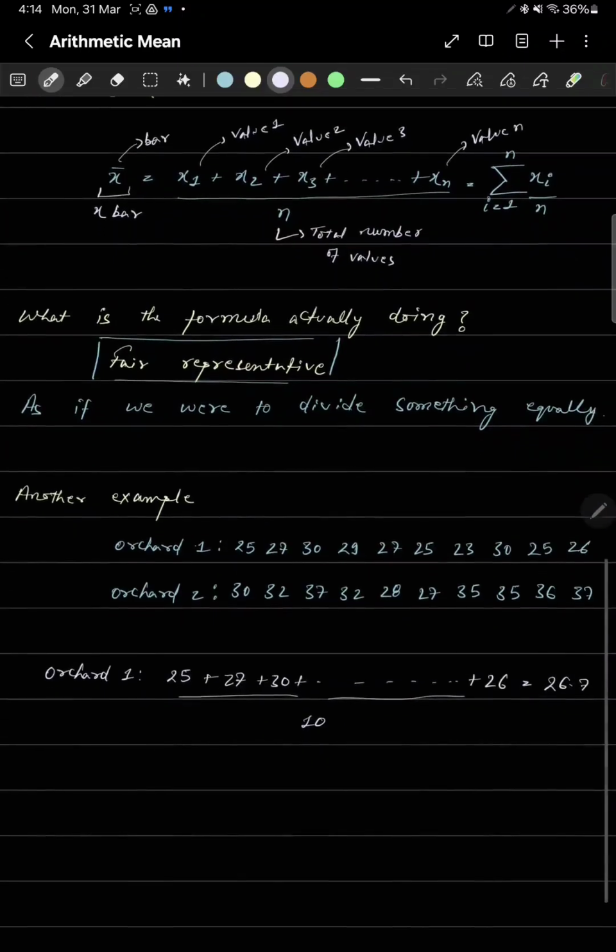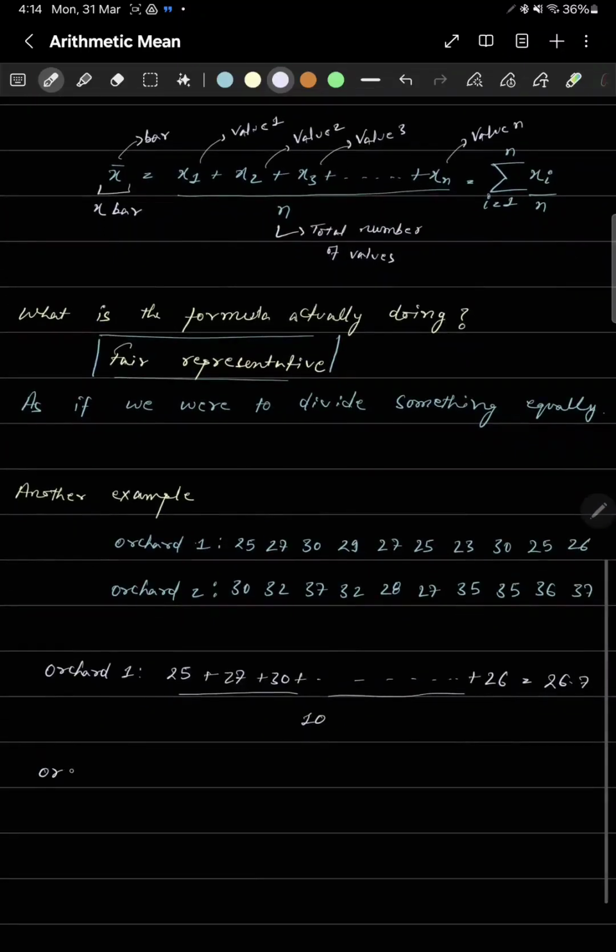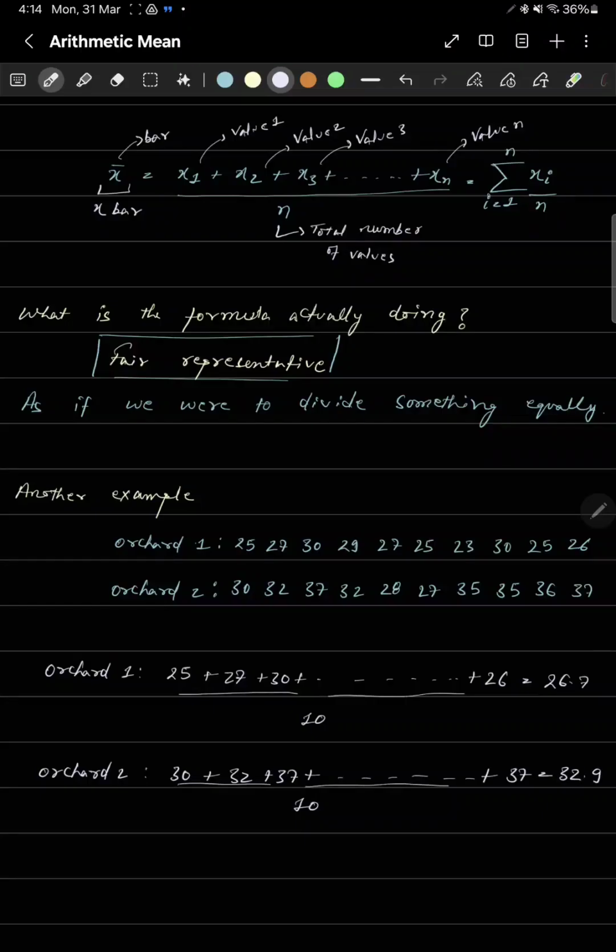And you can verify this. I have already given the numbers. In the interest of time, I pre-calculated this. Then 30 plus 32 plus 37 plus, till 37, then we divide by 10, we get something like 32.9, right?